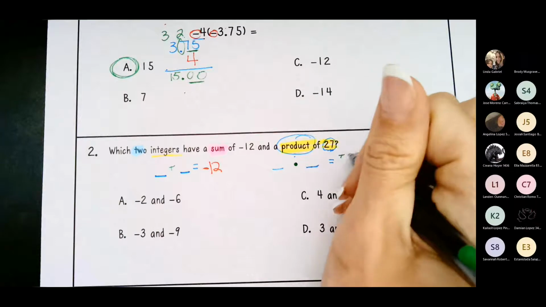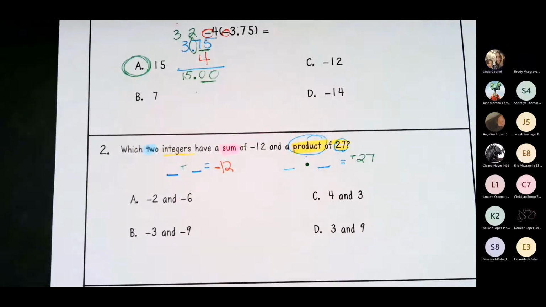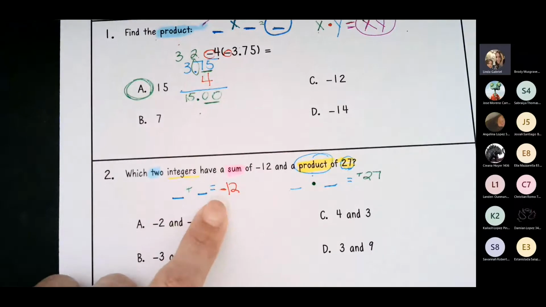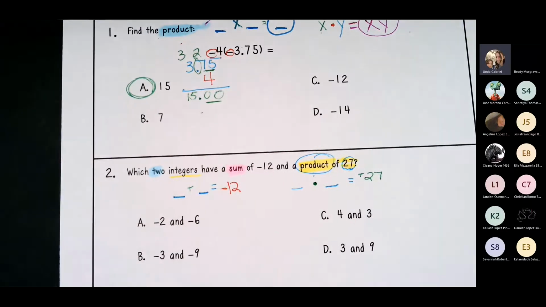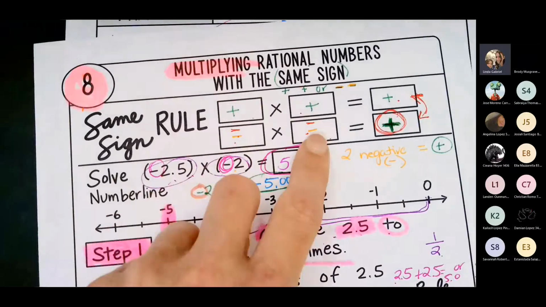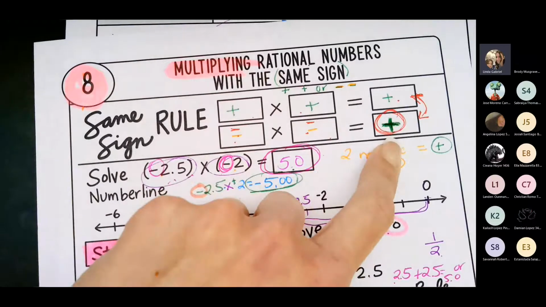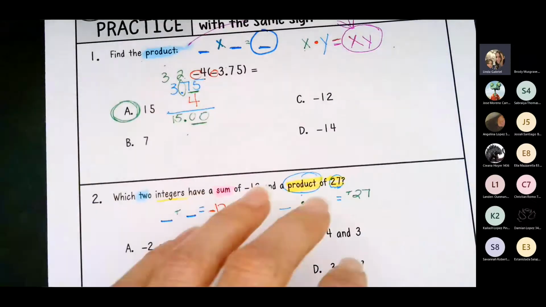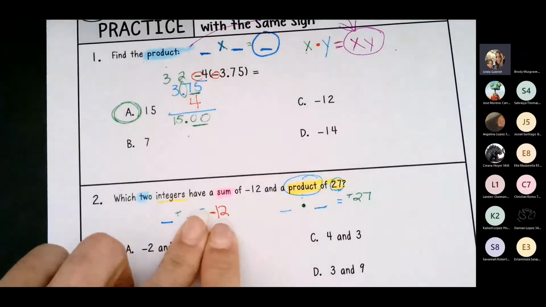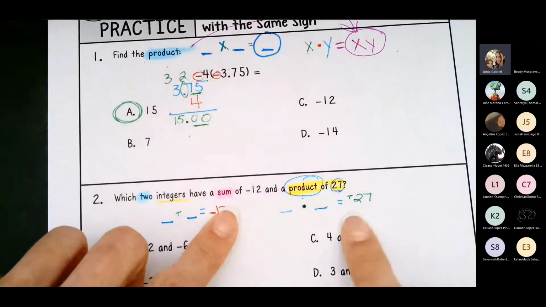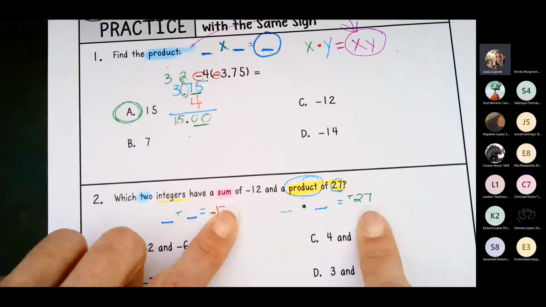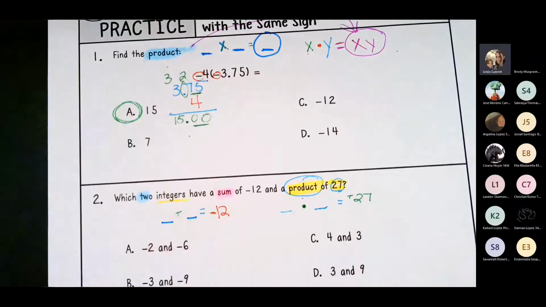If I look at my rules, if I add two numbers together and I get a negative value, that means I'm going to be adding two negative numbers, right? And I also know that if I multiply two negative numbers, it should be positive. So that lets the rule still work, right? If I have two negative numbers and my sum is negative, and then if I have a product of two negative numbers, the product will be a positive value.